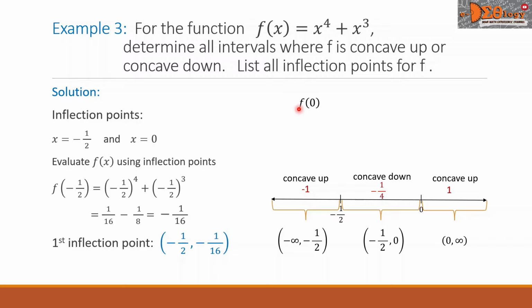For the second, we evaluate f of 0. So we have 0 to the power 4 plus 0 to the power 3. This is 0 plus 0. Ultimately, we have 0. That means for the second inflection point, the coordinates are 0, 0. This is the origin.